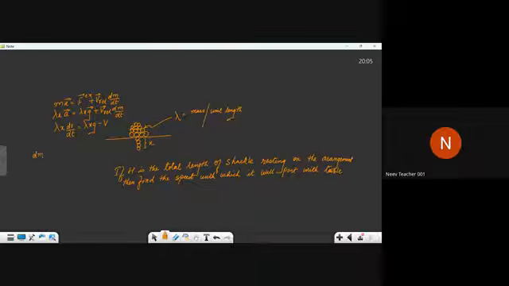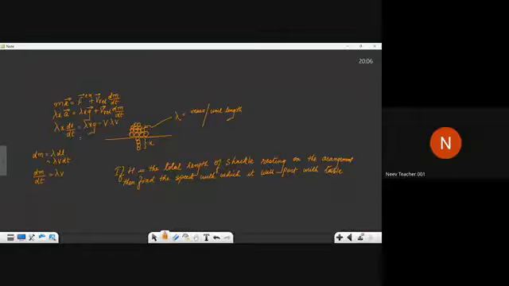What is dm? dm is lambda into small length, so lambda into V dt. Oh, I have to find dm by dt, so let me remove this. This is dm for me. Okay, dm done. So dm by dt will be lambda V. V is already there, and dm by dt is lambda V for me.